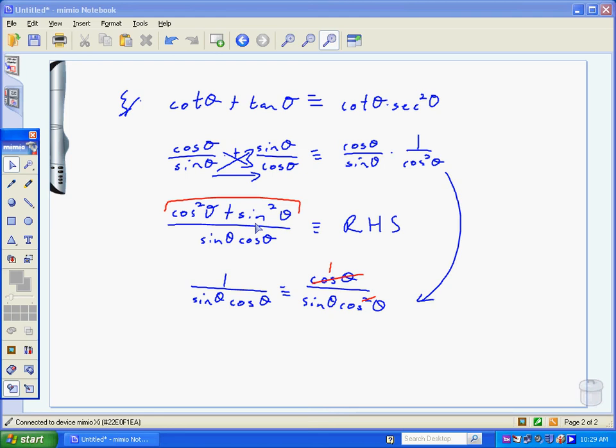So now you can see that this side here, 1 over sine theta cos theta, is going to be equivalent to 1 over sine theta cos theta without really doing anything. So the left-hand side is equivalent to the right-hand side. Done. It just works out.